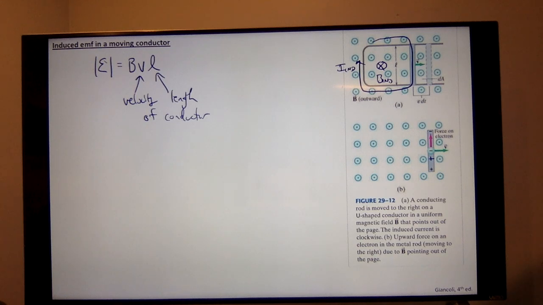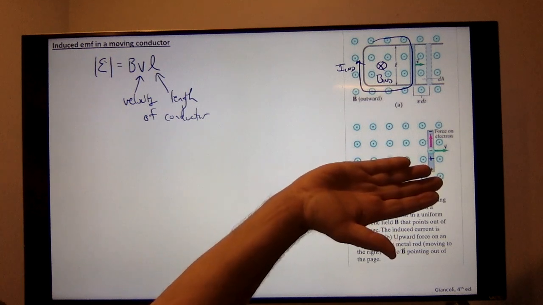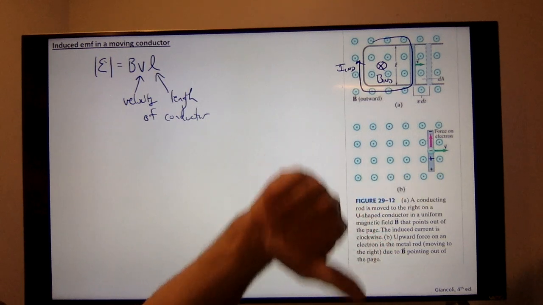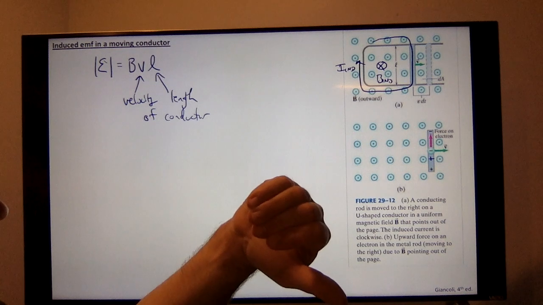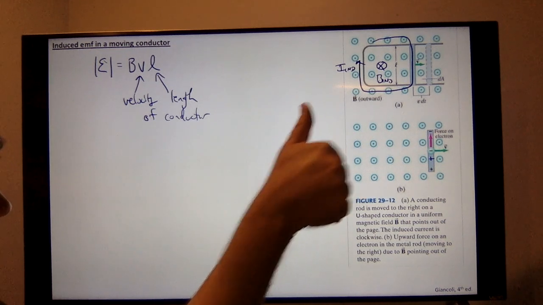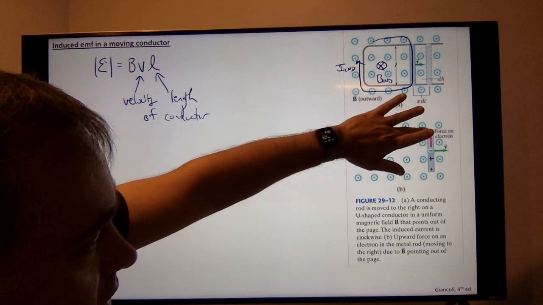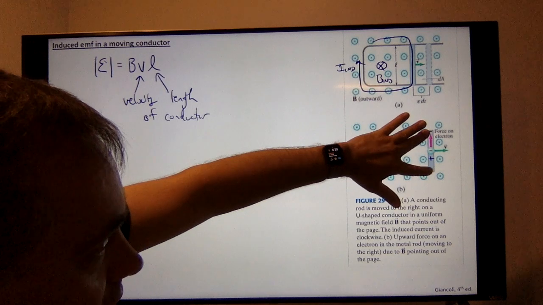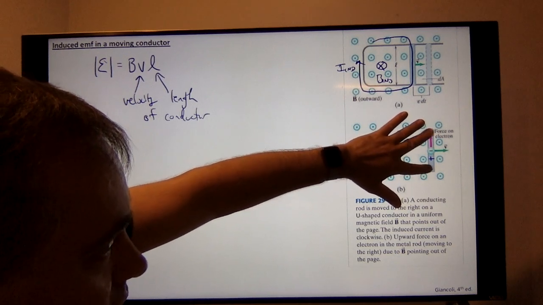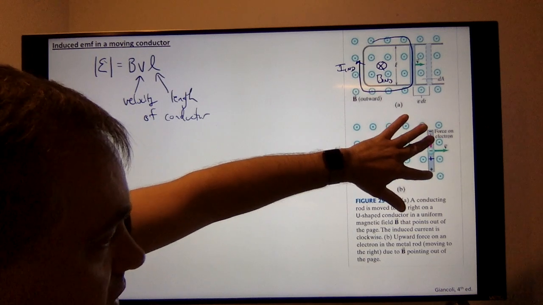And remember, we can find the force on a point charge. So it's Q times V cross B. So V is that direction, and B is towards you, which means on a positive charge, the force would be down. So the force is up on an electron. Notice, that means electrons separate and move here, and there's going to be a dearth of electrons on the other side. That means I get a potential difference from one side of this conductor to the other. That's an induced potential difference.